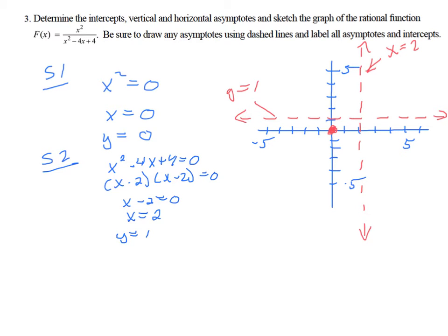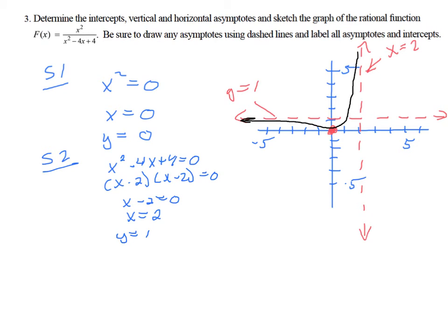All right, so after you've taken a moment to sketch this out, here is where the graph is. Okay, so first of all, it is asymptotic to x equals 2, but what it does is it crosses the horizontal asymptote, bounces off the axis at x equals 0, and then becomes asymptotic to y equals 1.